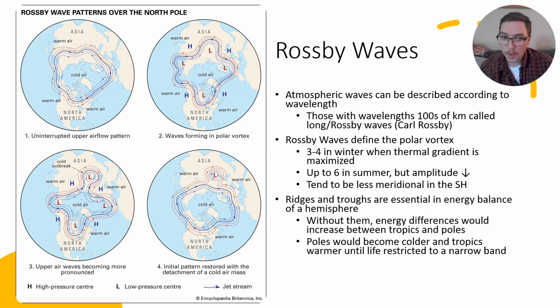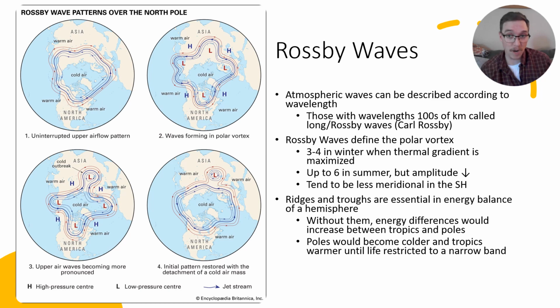Now, these ridges and troughs, what you're seeing develop here, particularly in that 2 and 3, the top right and bottom left panels, for example, are really essential in the energy balance within our hemispheres. Because if we didn't have them, we would essentially see energy differences that would increase between the tropics and the poles. The poles would become progressively colder.